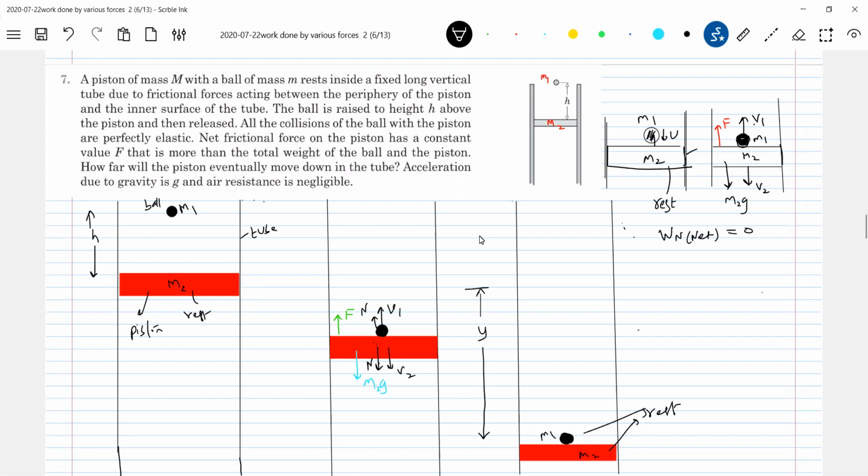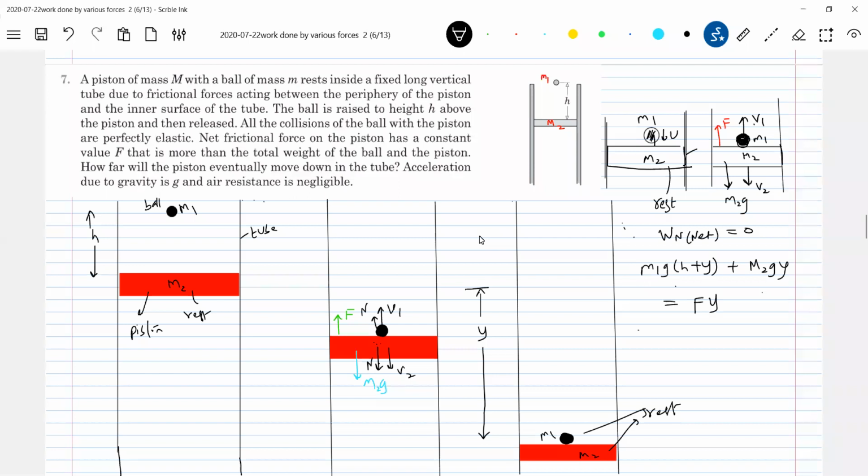So you can begin like this: m1g(h plus y), the decrease in potential energy of the ball, plus the decrease in potential energy of the piston, which is m2gy. Together, the decrease in potential energy of the ball and the piston should be equal to the work done to overcome the resistive force, F times y.